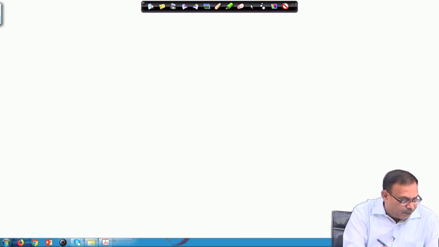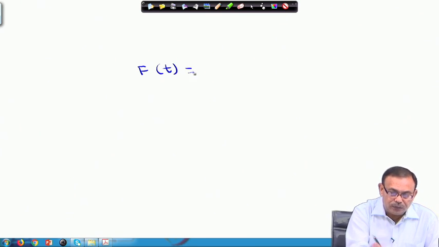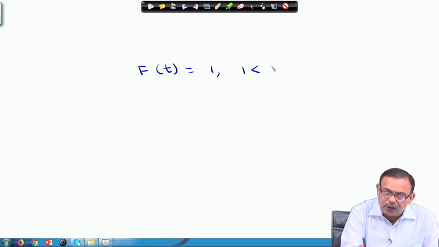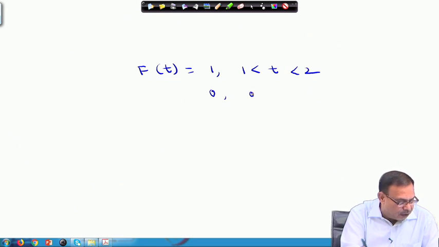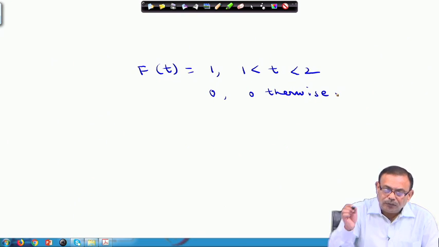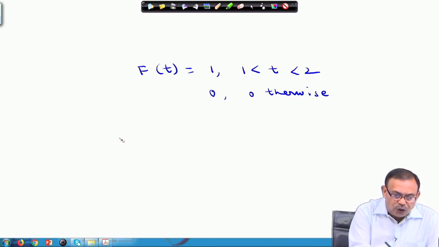Whereas, if you consider a function f t which is 1 when it lies between this and 0 otherwise. Please see this function: f t equals 1 whenever t lies between 1 and 2 and it is 0 otherwise. So, for t less than 1 what will happen?